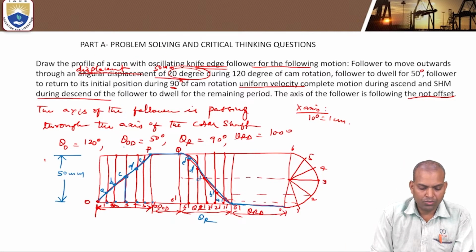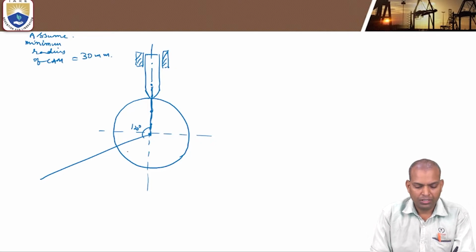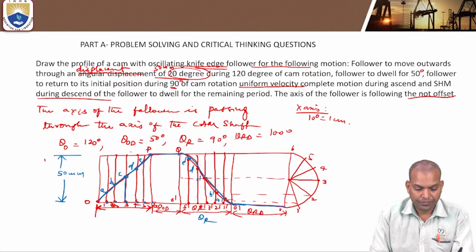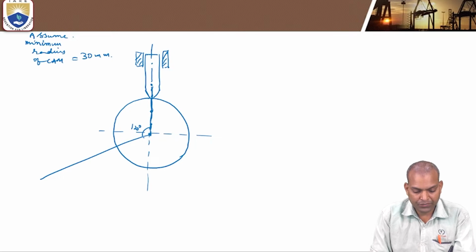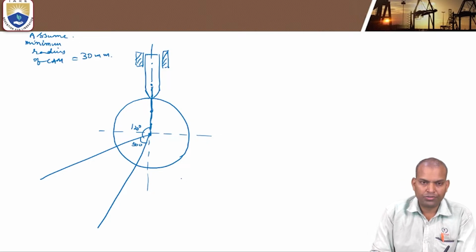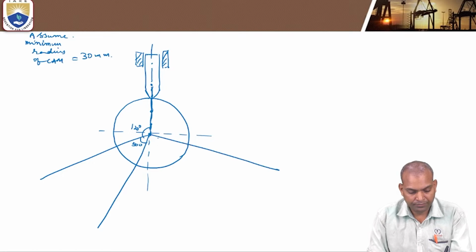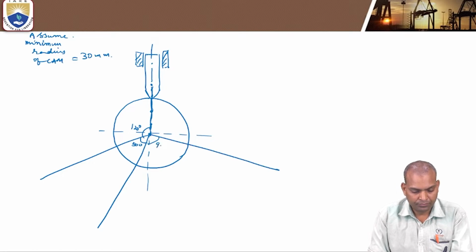The theta outstroke is 120 degrees. With this, draw a line at 120 degrees. That is the outstroke. Next is the dwell of 50 degrees, 120 plus 50, 170. Next to that, the return stroke is 90. The remaining angle is theta RD, that is 100 degrees.